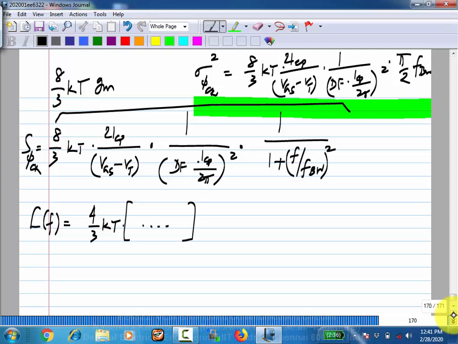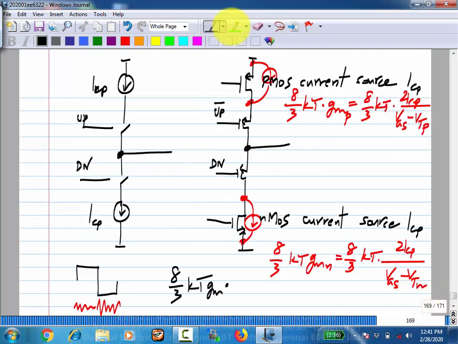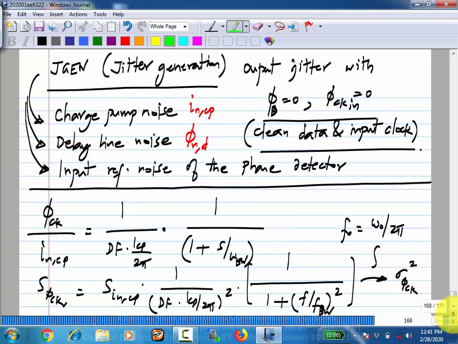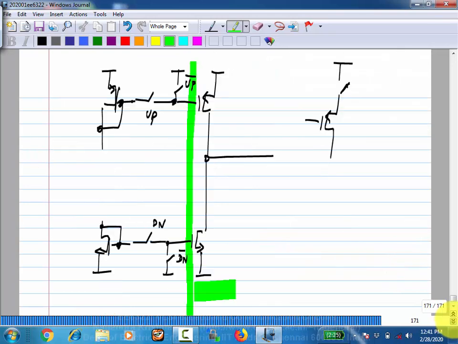And when you have different noise spectral densities here and there, and also include flicker noise, the calculation is more messy, but it can be done. Okay. Is this okay? Any questions?